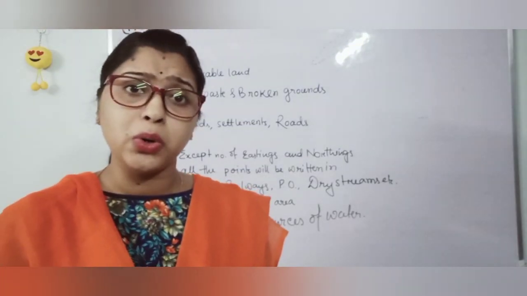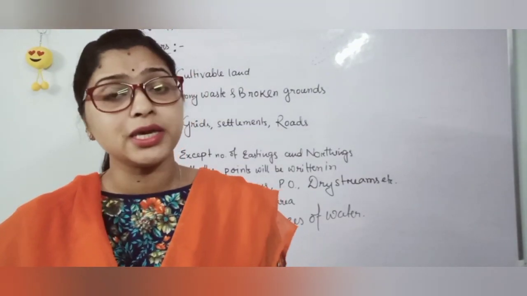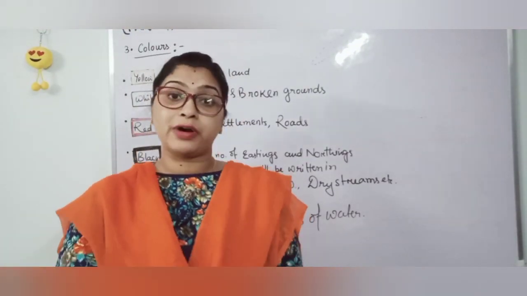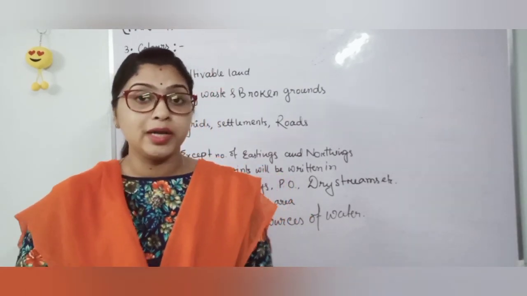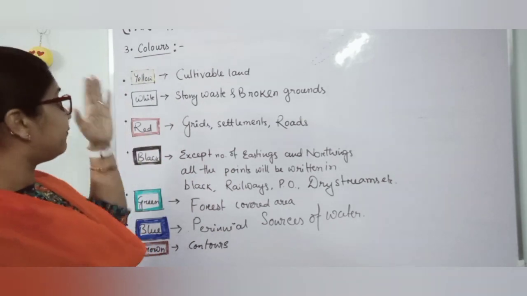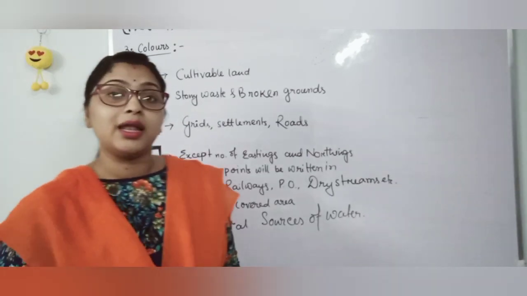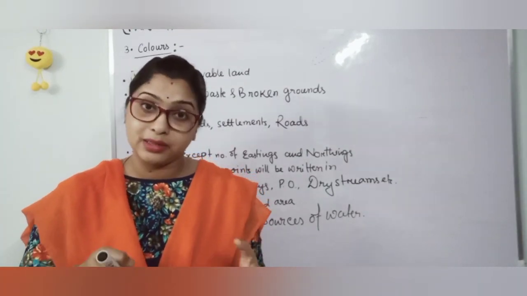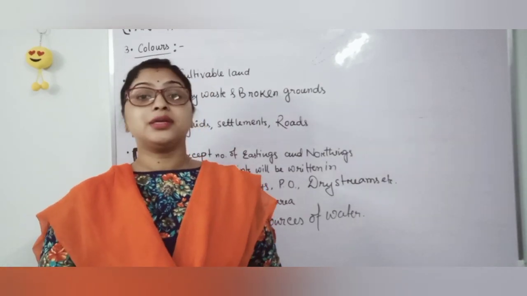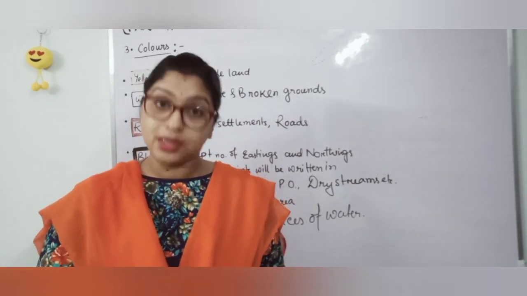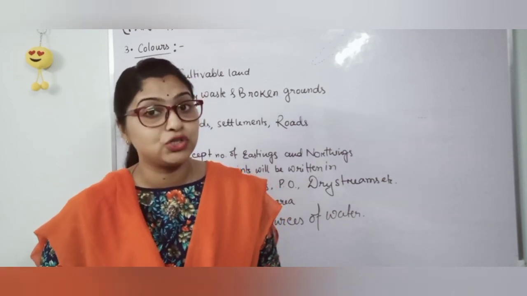If we don't know what the colors represent, we will not be able to find out the features. So the Survey of India uses different colors. These colors are not used only in India, they are used all over the world. That's why these are known as conventional colors.